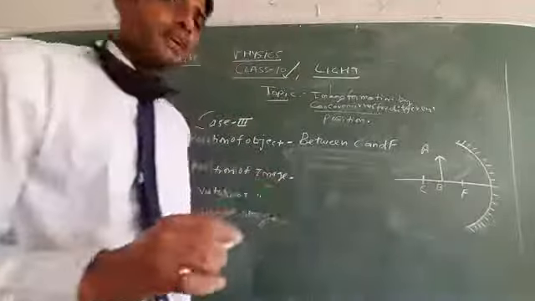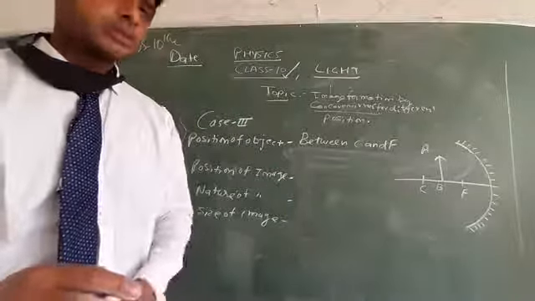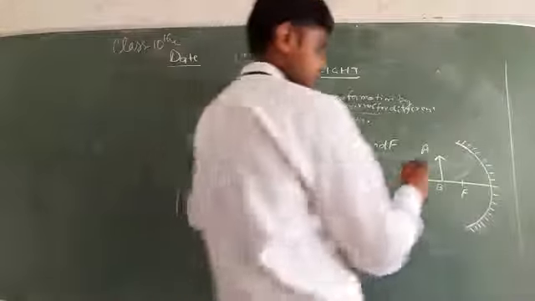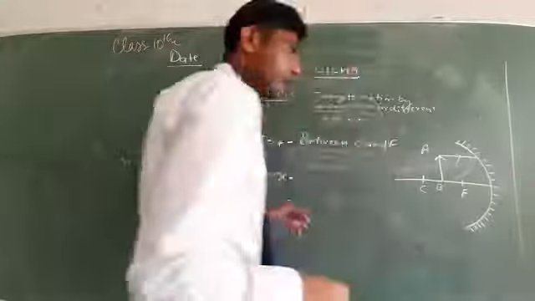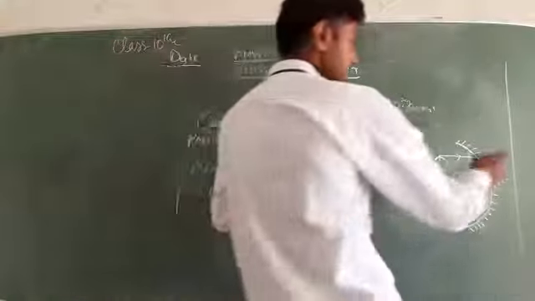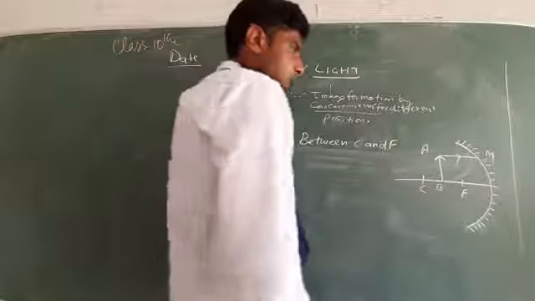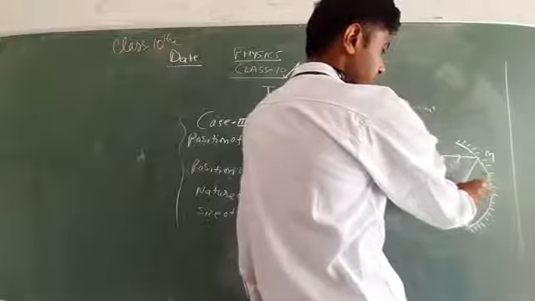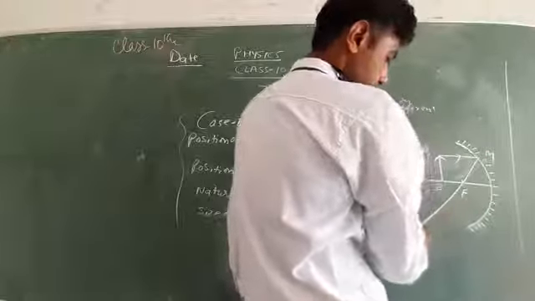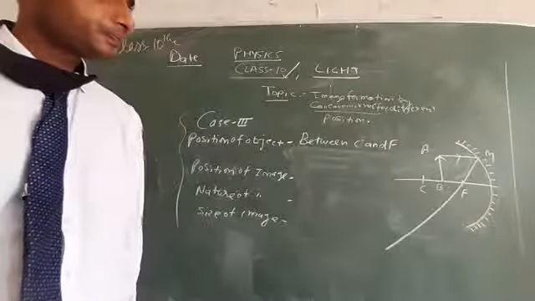A ray of light starts from point A parallel to the principal axis. This ray travels parallel to the principal axis and is incident at point M. Reflection will take place and the reflected ray passes through the focus. Clear?